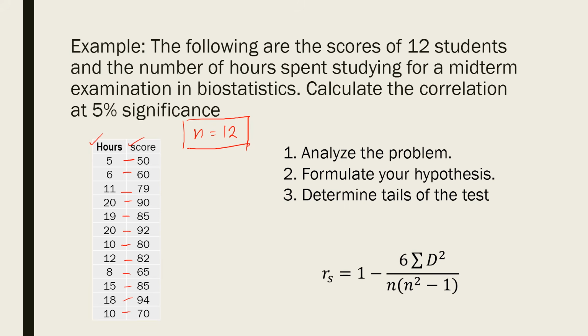So that means our sample size is 12. Okay? So when we formulate our hypothesis, we simply put, there is no significant correlation between study time and the test score.